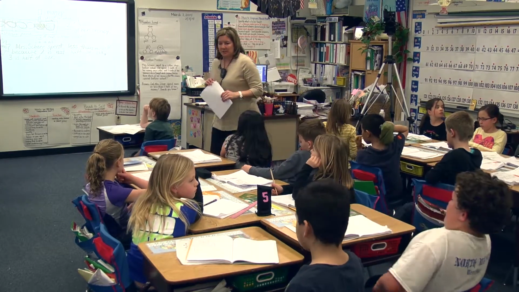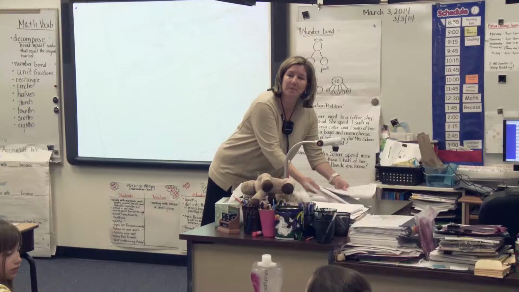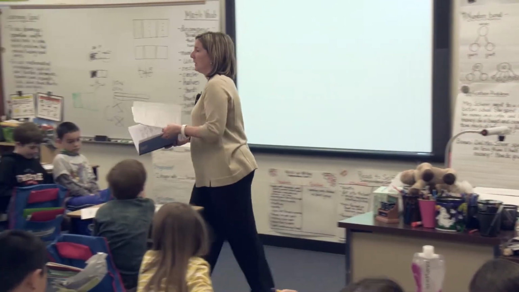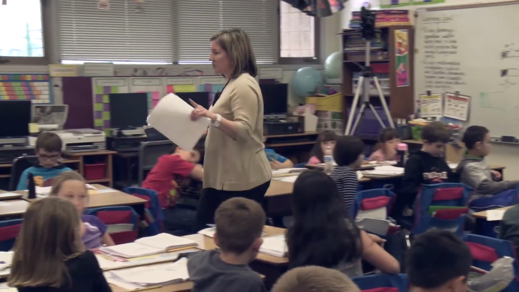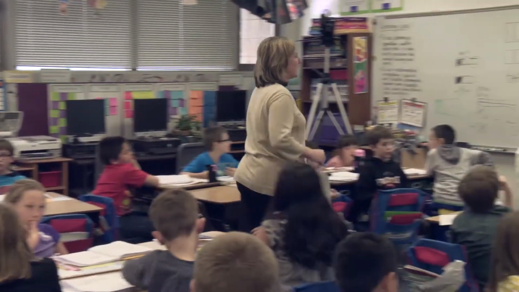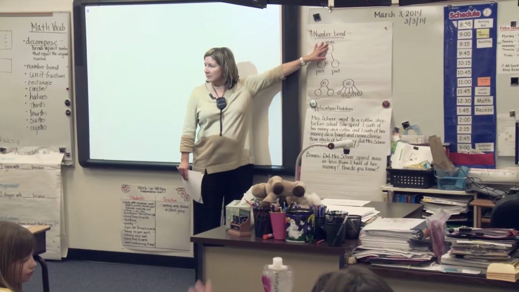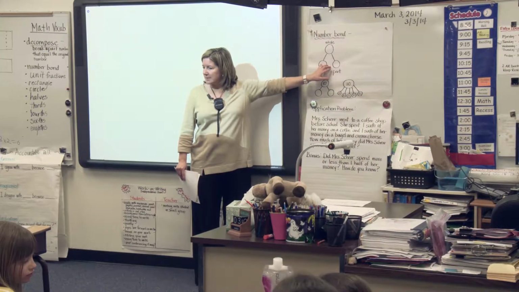Okay, the next one is, earlier in the day we had talked about number bonds. And Matthias said something shocking to me earlier. When we were doing number bonds, we take a whole number and break it into parts.